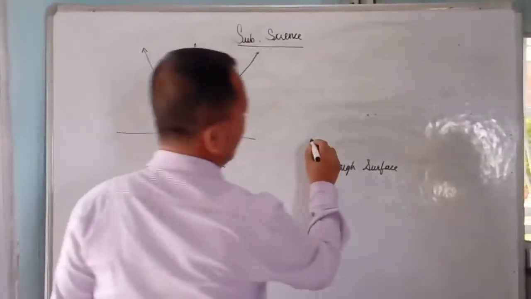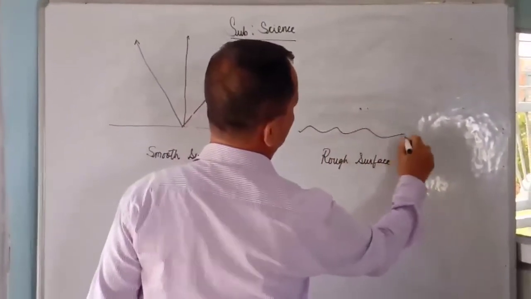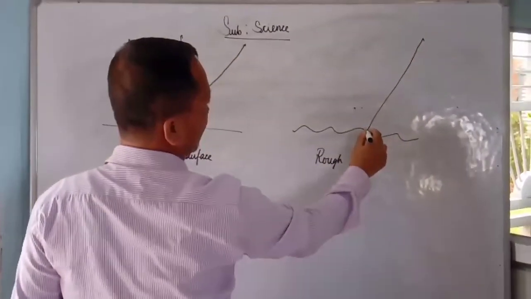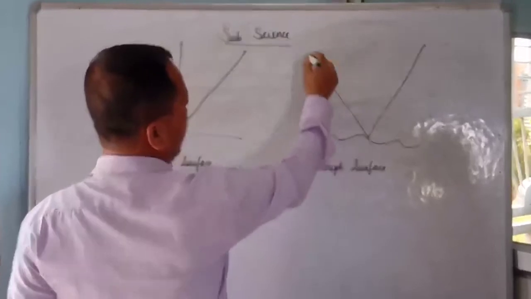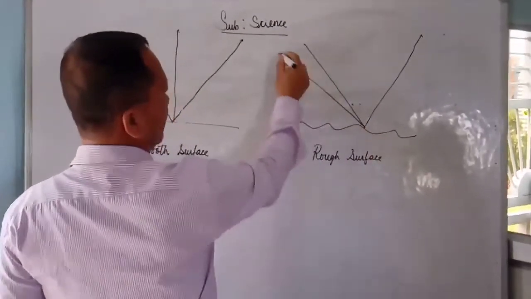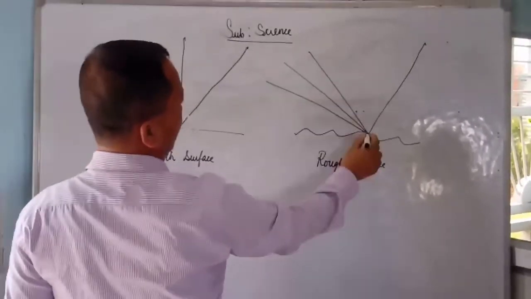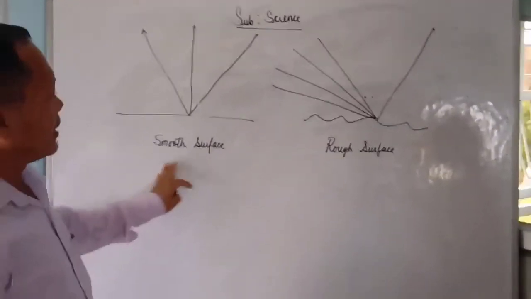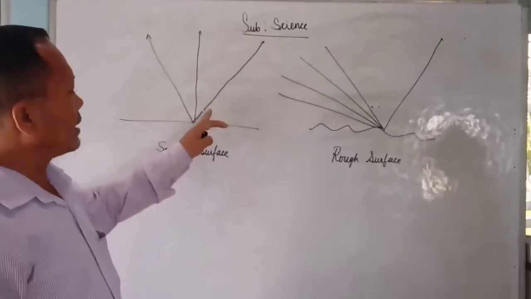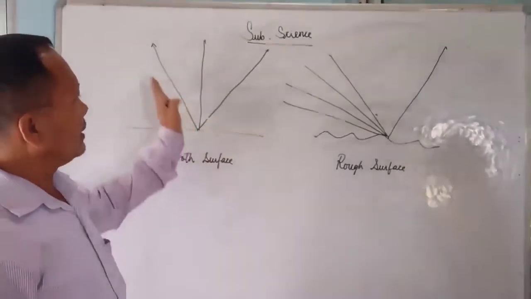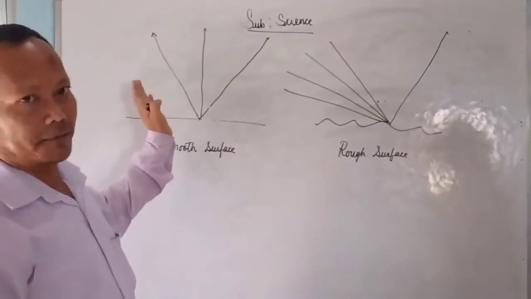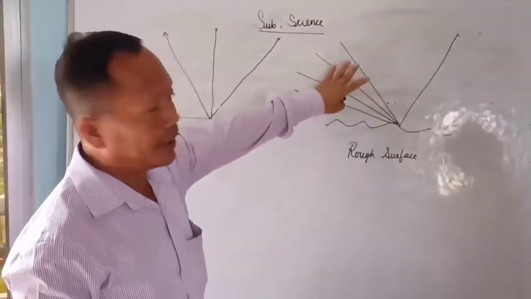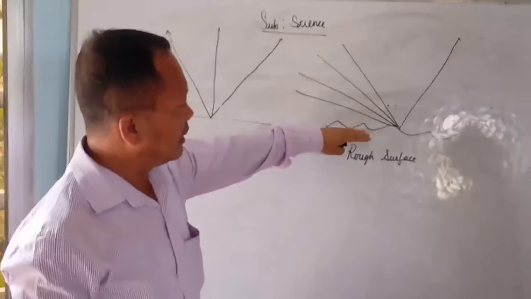And in a rough surface, when the light touches the rough surface, the light reflects in different directions. So we see the different surfaces on which the light falls, and we see the light reflecting in different directions. One has a regular direction, one has different directions, because that is a rough surface.